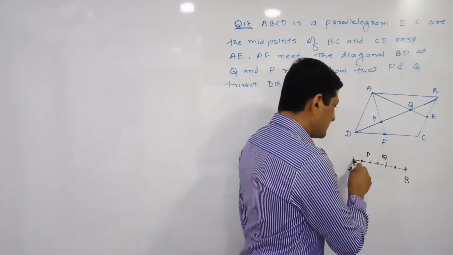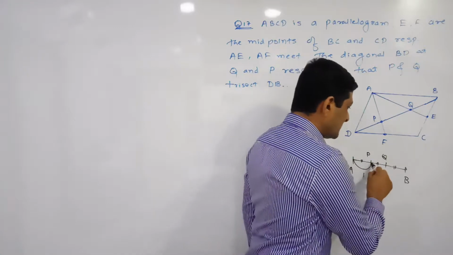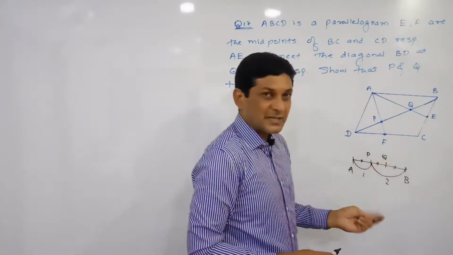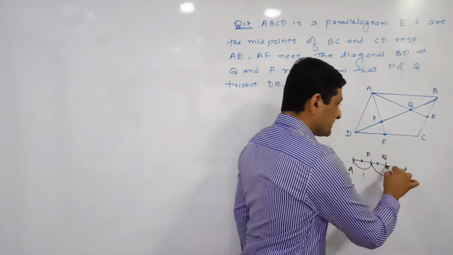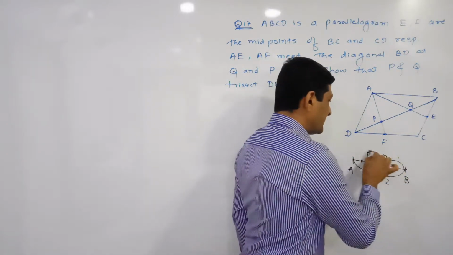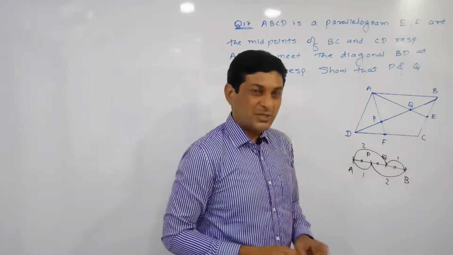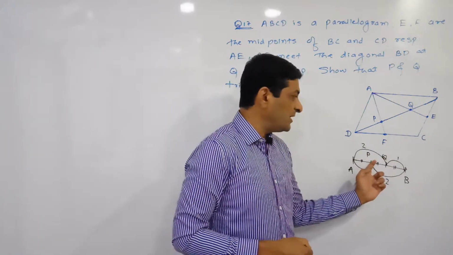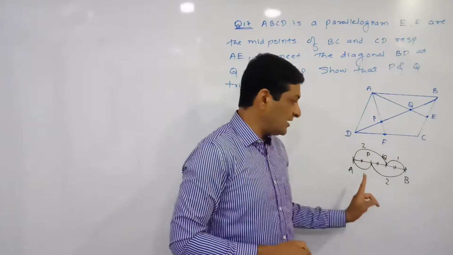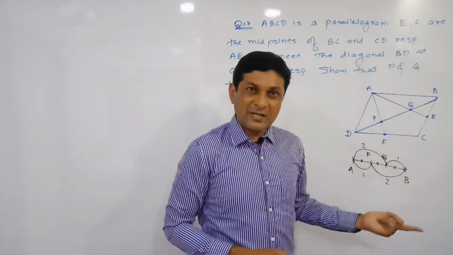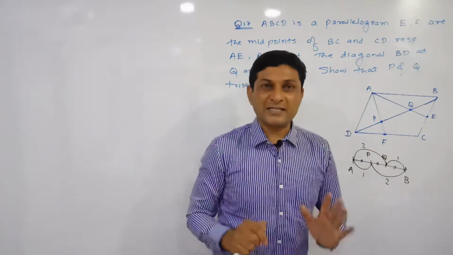Now if the length of this part is 1, then the length of this much part will definitely be 2, because 2 equal parts are there. Means if we are able to prove that point P divides segment AB in the ratio 1:2 or in the ratio 2:1, at that time we can say that the given point trisects the segment.